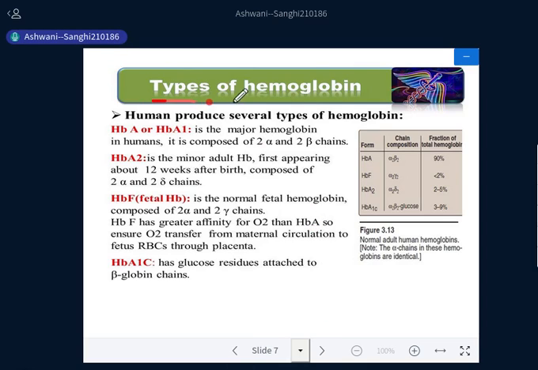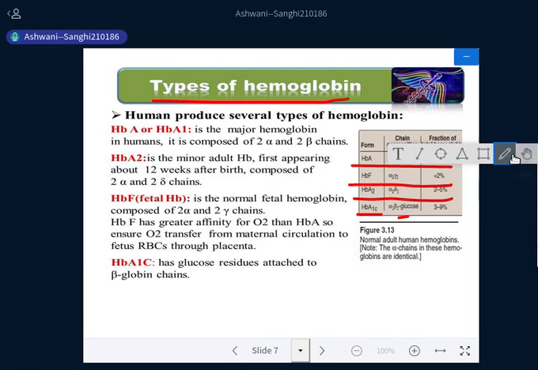So types of hemoglobin on the basis of the chain of amino acids or globin chain: HbA contains 2 alpha chains and 2 beta chains, HbA2 has 2 alpha and 2 delta, HbF has 2 alpha and 2 gamma chains, and HbA1c is alpha 2 beta 2 attached with glucose.